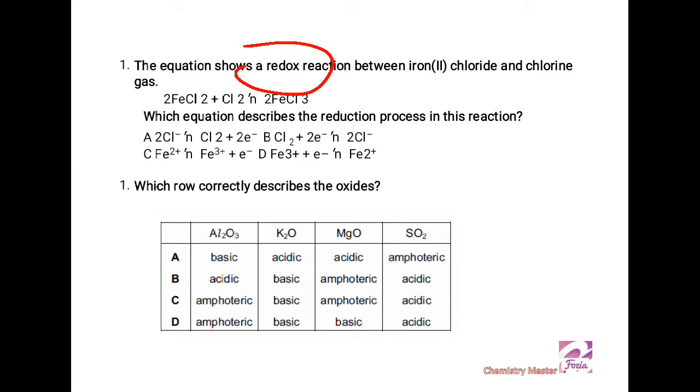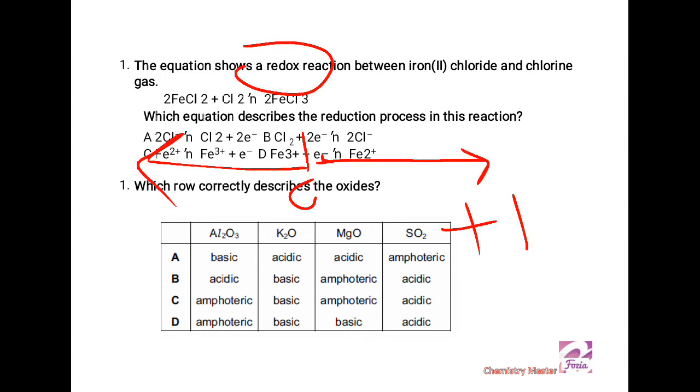When we plot oxidation states on a number line, with 0 in the middle, the more positive the oxidation state, the more it is about oxidation. But when the oxidation state goes to the negative side, it is reduction.